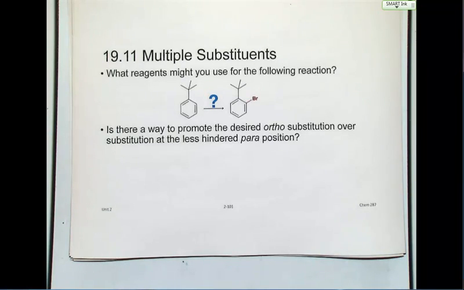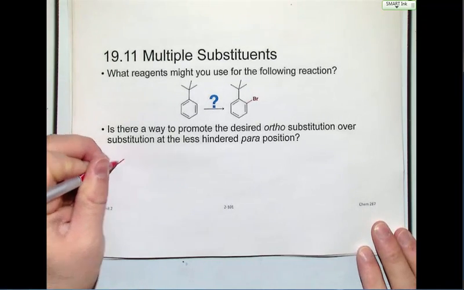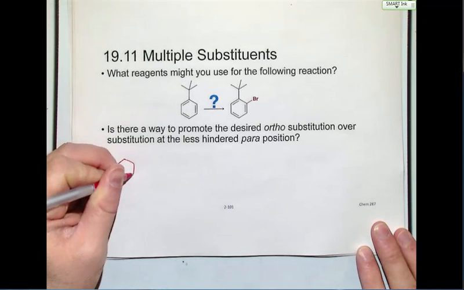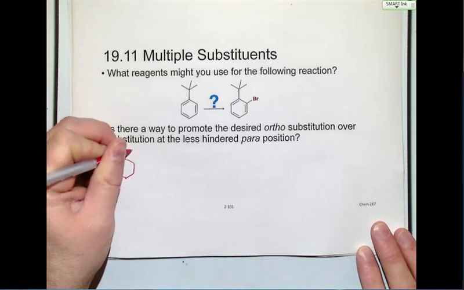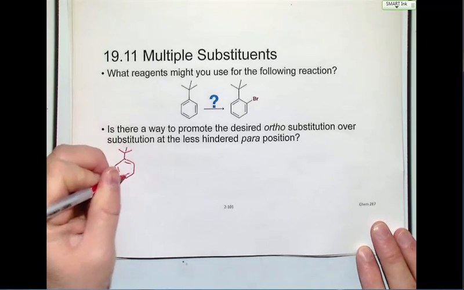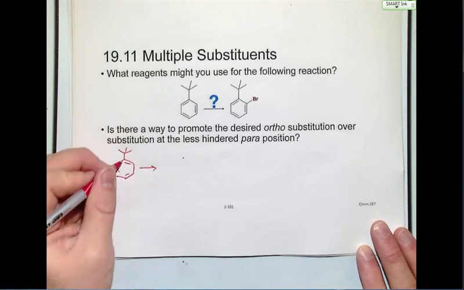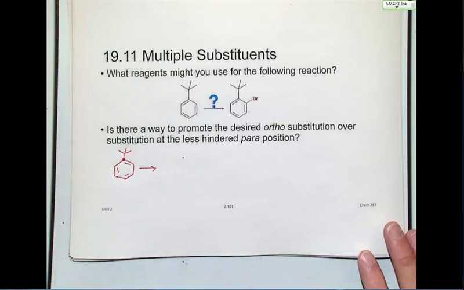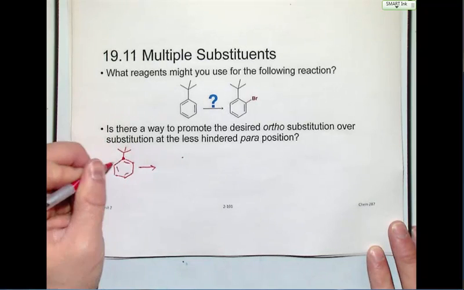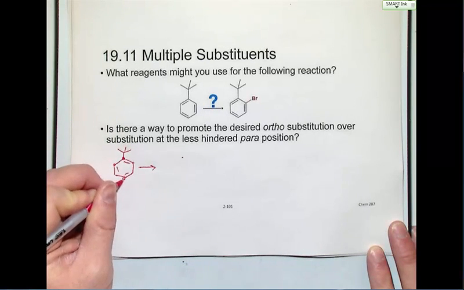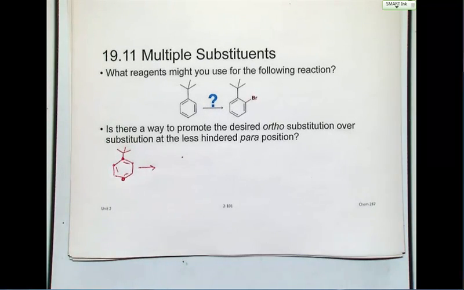So how do we do this? Well, there's a little strategy we can use that's kind of like protecting groups. What if we started with our tert-butyl benzene, and we could temporarily, where's this tert-butyl benzene going to direct? Ortho, which is where we want, but everything's going to go to the para position, right?